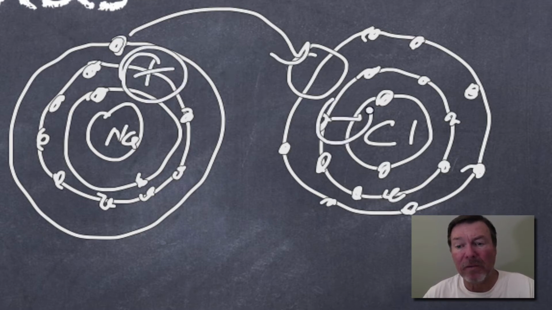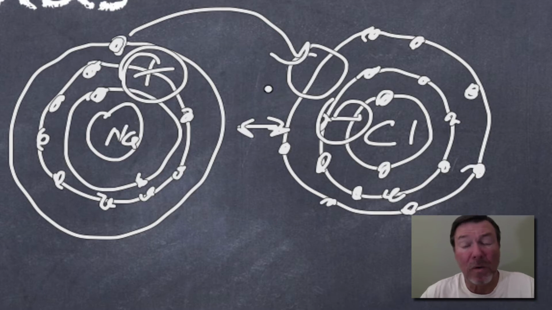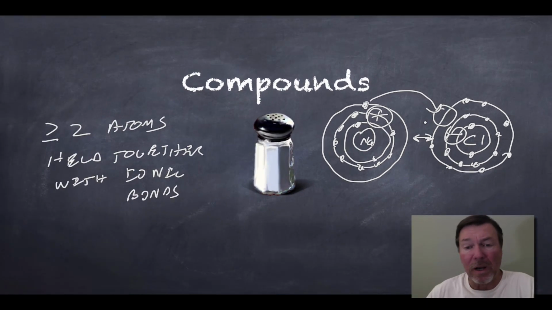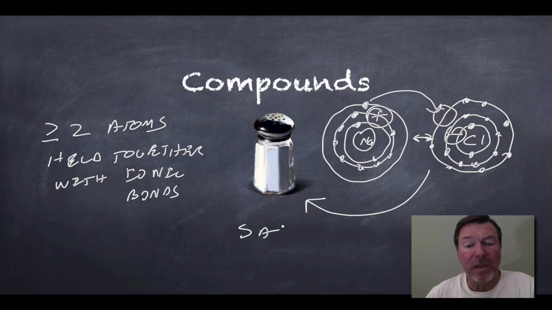This becomes a negatively charged atom because we've lost an electron over here and gained an electron over there, and the attraction between the two atoms pulls them together. It's an ionic bond. It's a weak bond. It can be broken down very simply. Great example of what I just drew there is salt. That salt is a compound held together with ionic bonds.